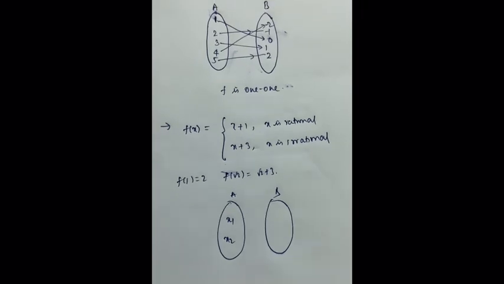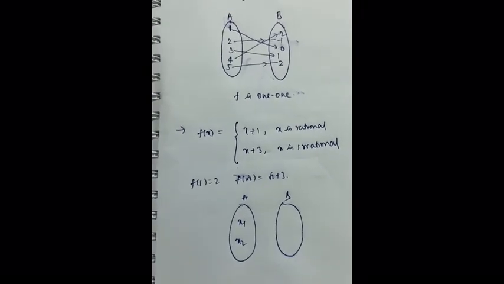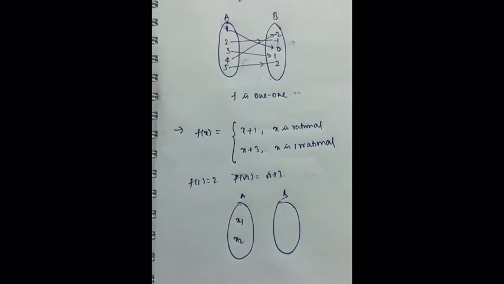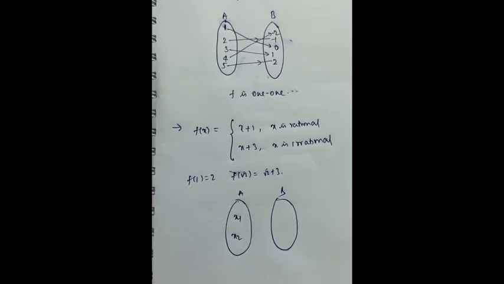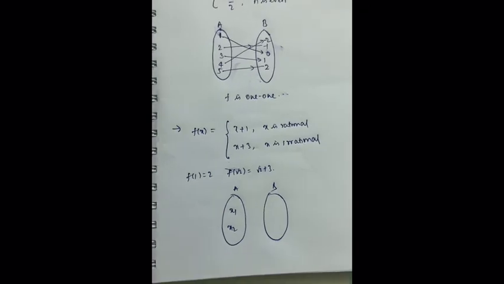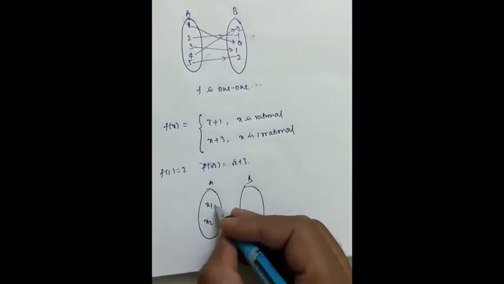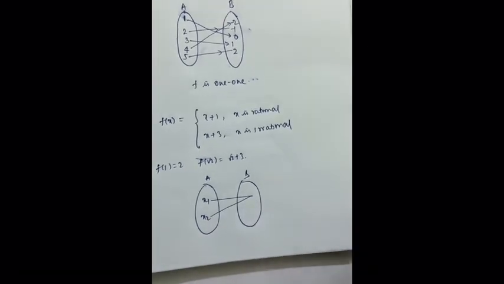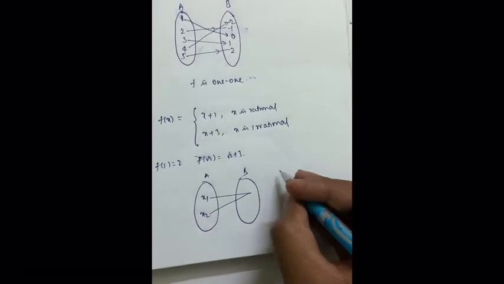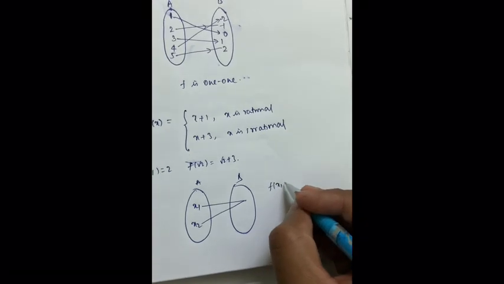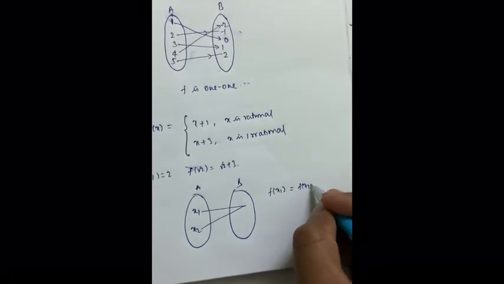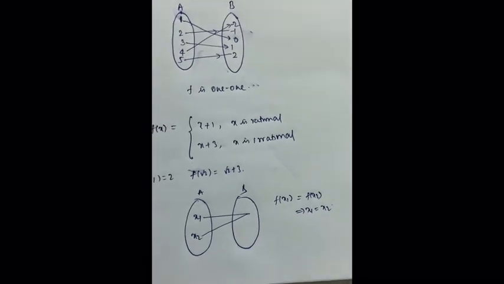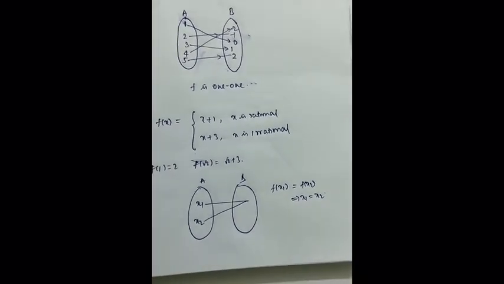Remember the first definition: if x1 is not equal to x2, that should imply f of x1 is not equal to f of x2. Or, if f of x1 equals f of x2, that should imply x1 equals x2. That should be the only outcome. If this comes out, then we can say it is one-one, otherwise not.